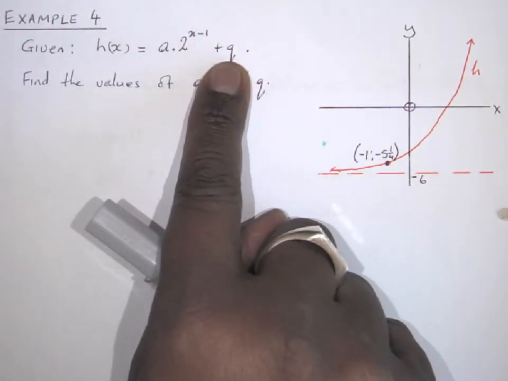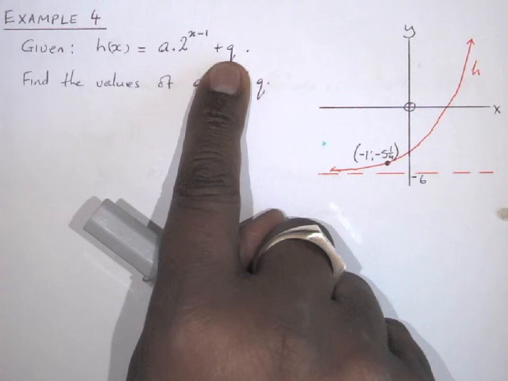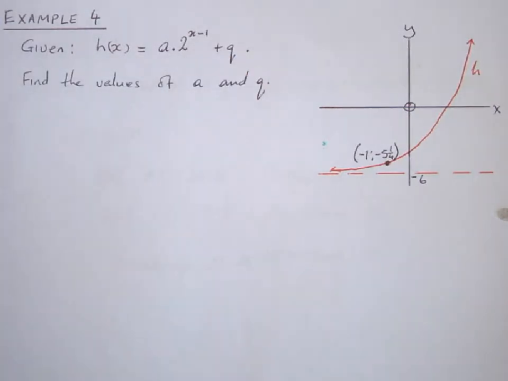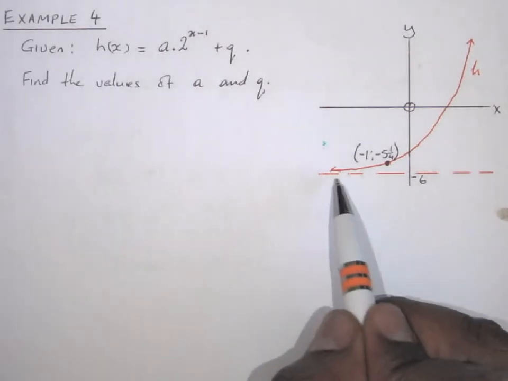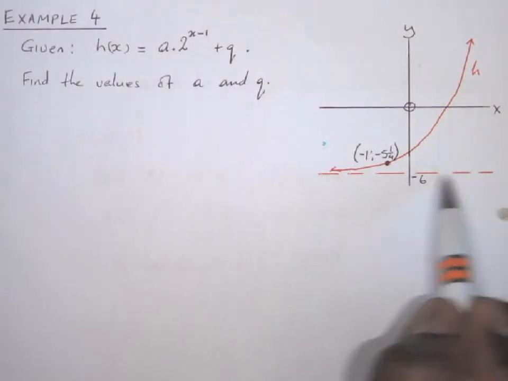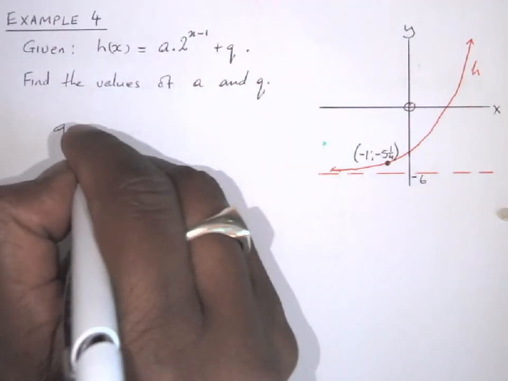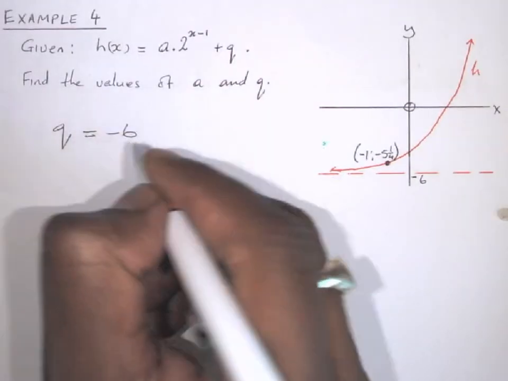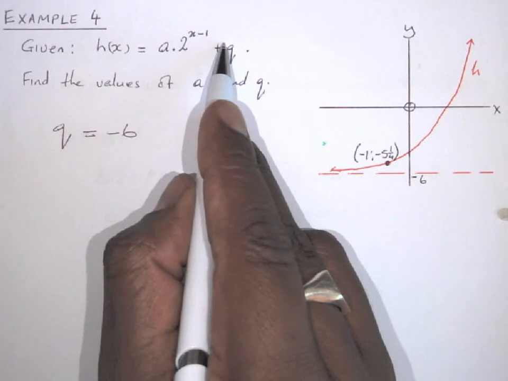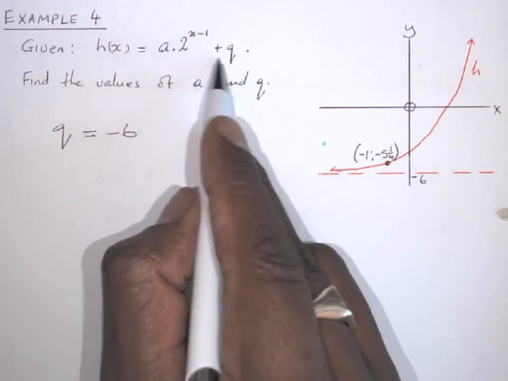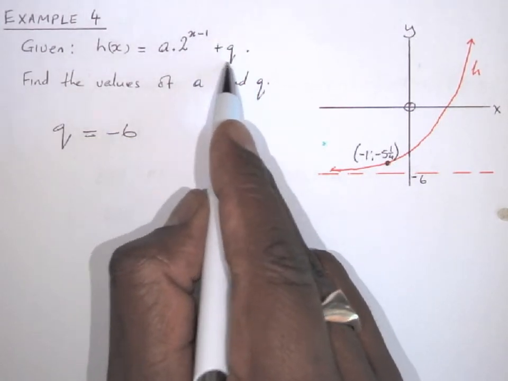It's the horizontal asymptote that is found on the graph. Let's look at our graph. Our graph has a horizontal asymptote which is just there. So that is our q value immediately. So I know that q is equal to minus 6. So in this equation, that is minus 6. That will help if you put it in the equation of the graph.